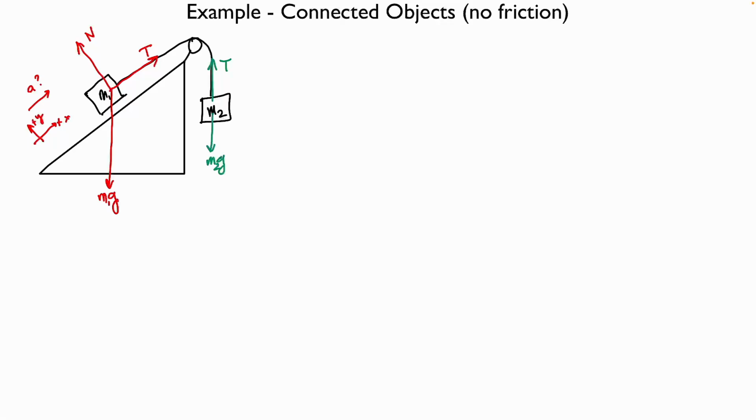So the fact that the pulley isn't doing anything and the string is not stretching or breaking means that we can set the tension to be the same everywhere in that string or rope or chain.